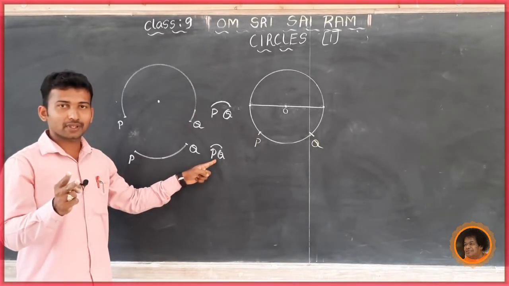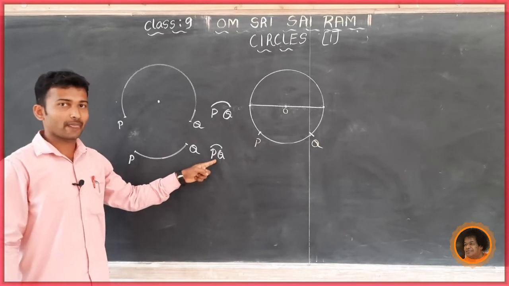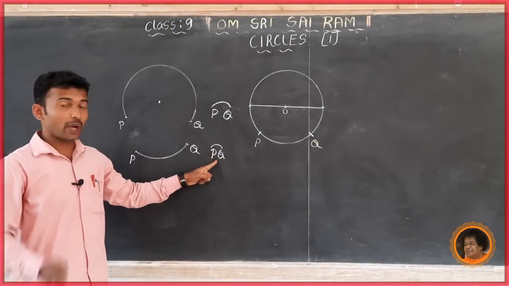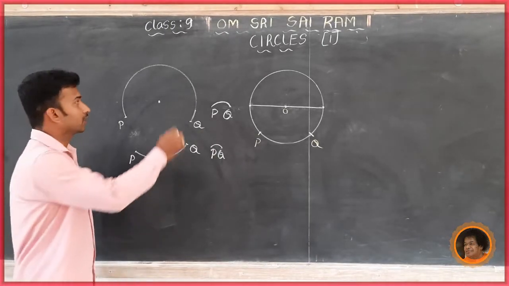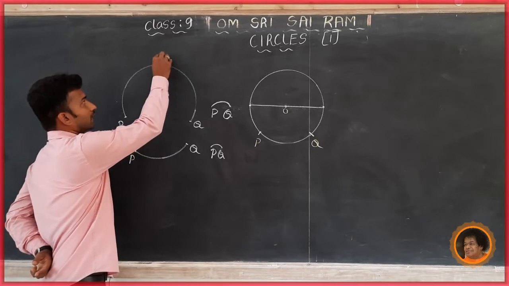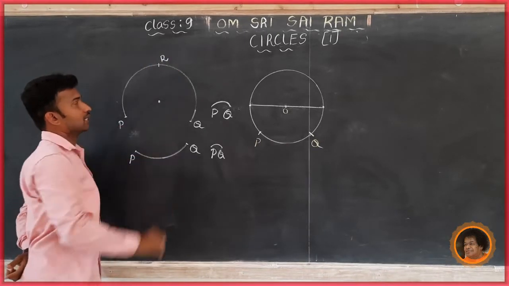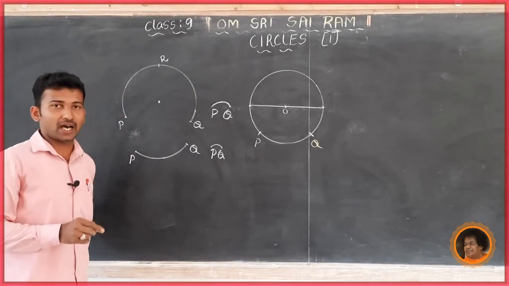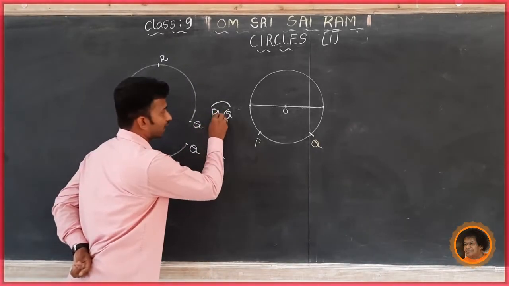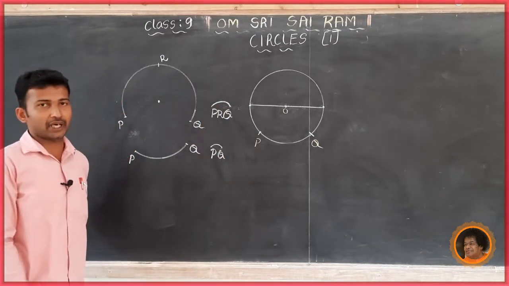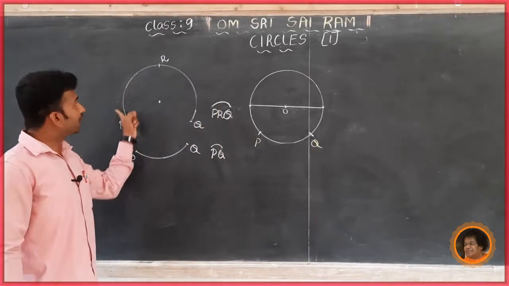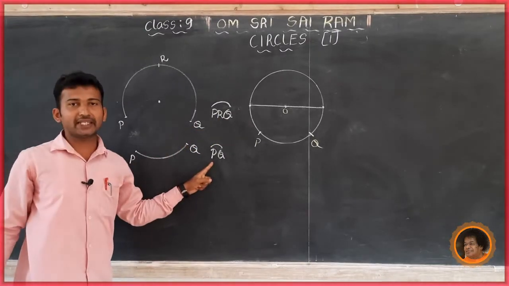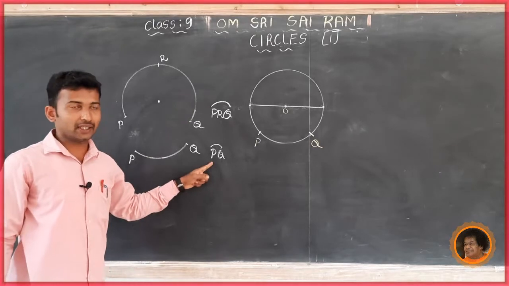But the problem is that both are the same PQ. So, to avoid this confusion, simply consider another point R on the major arc, and it is represented by arc PRQ. So, we call PRQ the major arc and PQ the minor arc.